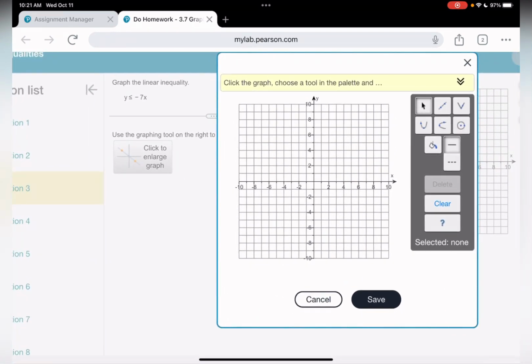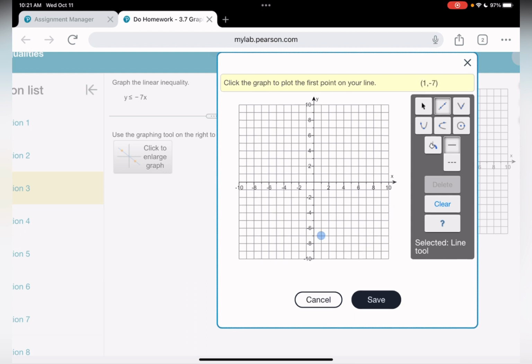So one point is going to be 0, 0, and it's going to be a solid line, and for the other point you can take any value of x. Any value, you can take a million. I'm taking 1 to make my life easier. So if I take x equal to 1, I'm going to get y less than or equal to negative 7. So let me take positive 1 and negative 7.